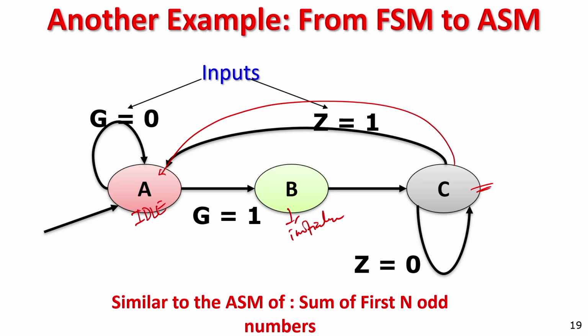G we give from the outside. Z is equal to 0 when the decrementing counter reaches 0. That means Z is a status input to the FSM from the data path. So, this is the FSM.